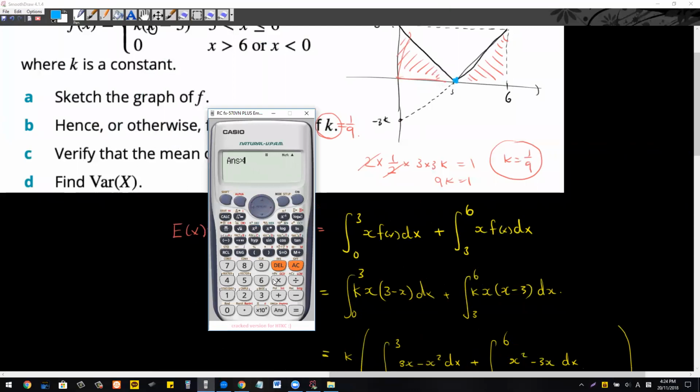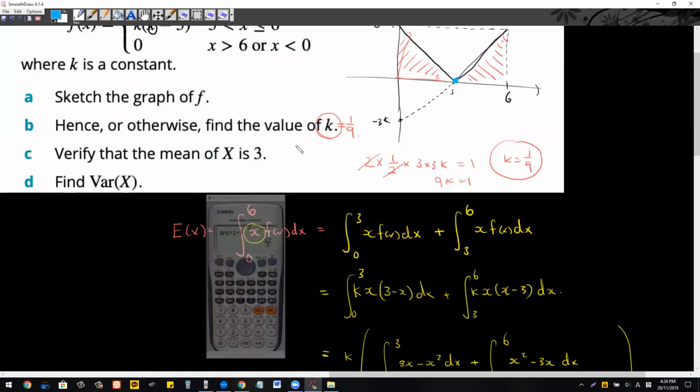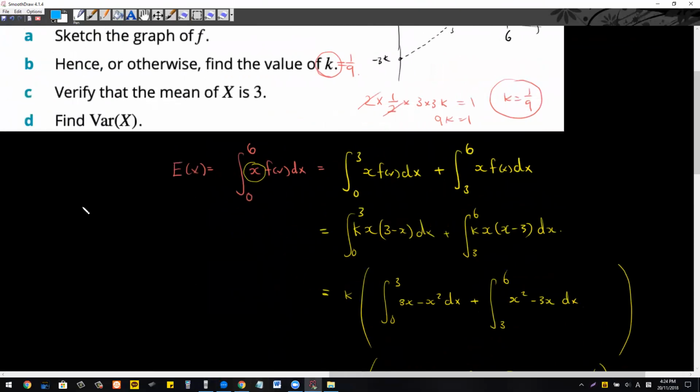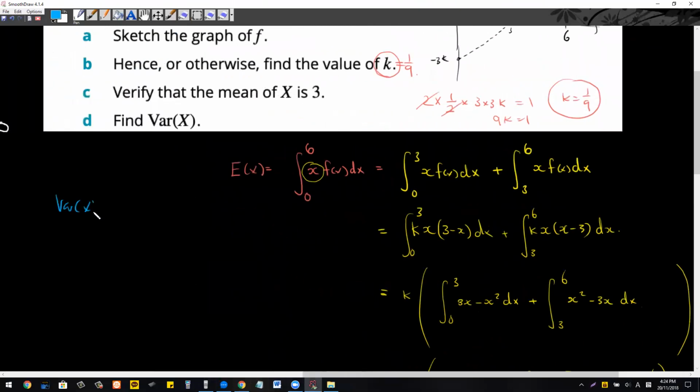And then, of course, times that by 1 over 9. Then you get that. So what I did there is the variance is expectation value of x squared minus expectation value of x all squared. So this one is integral of x squared f of x dx minus 3 squared, because we already calculated this one, right?